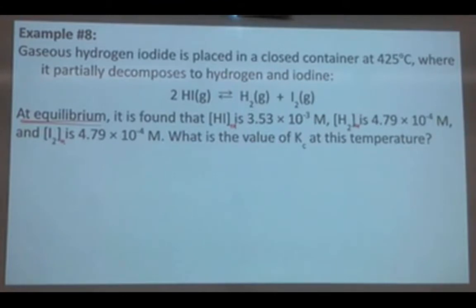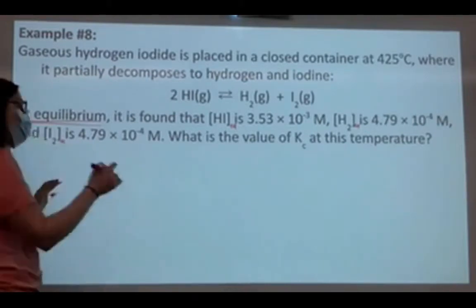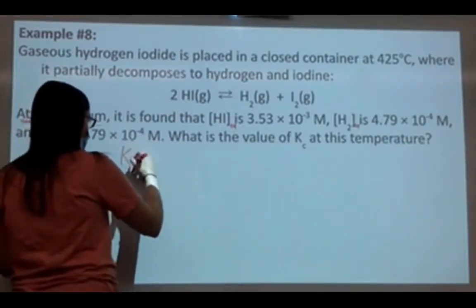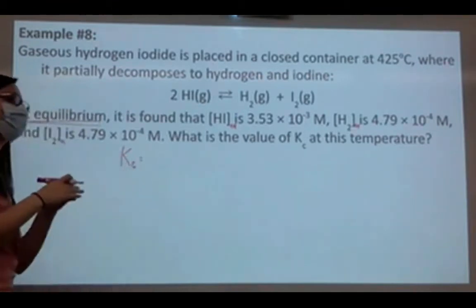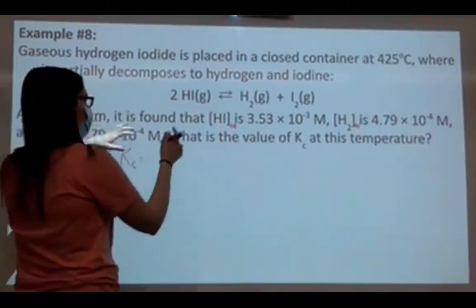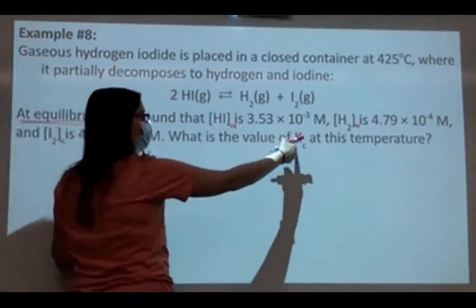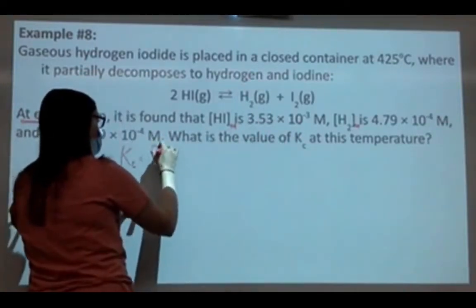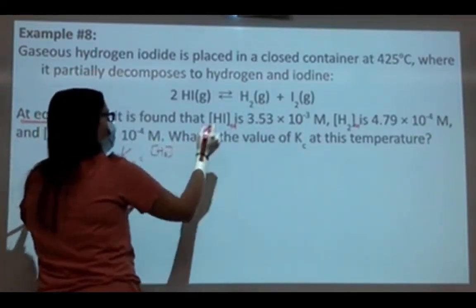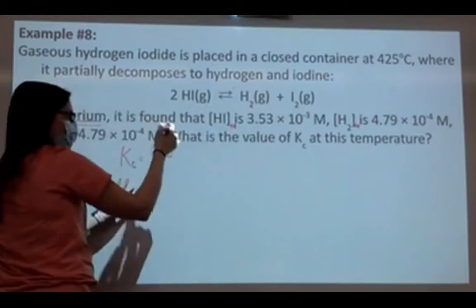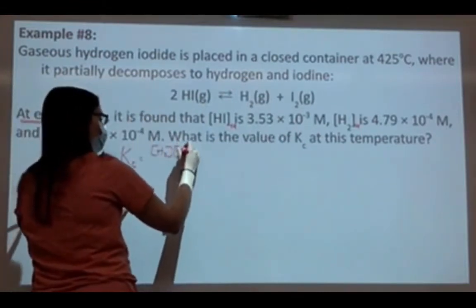So it says, what is the value of Kc at this temperature? It is going to be a very good habit to write the K expression first. So when I say write the K expression first, write the Kc expression without numbers. So Kc means concentration. These are all gases. I can include them all in the expression.